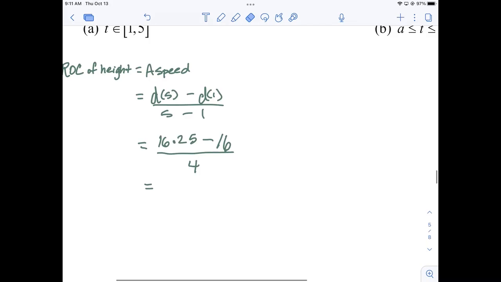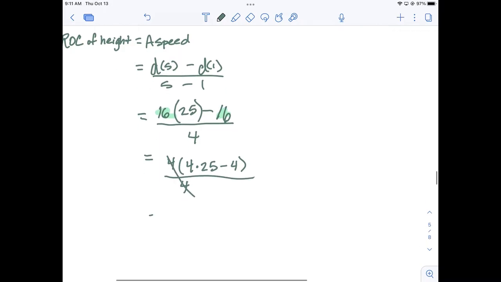So this is 16 times 25. I'm going to put this like that so it doesn't look like it's a decimal. Now I don't have to worry about 16 times 25 because doesn't the 4 divide out with the 16 up here? I could factor out a 4 from the top and make that 4 times 25 minus 4. And that's all over 4. And that divides out.